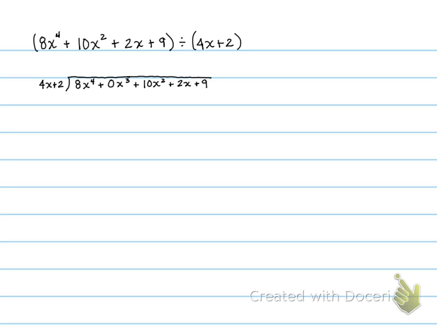So what do I have to multiply 4x by to get 8x to the 4th? Is that 2x squared? Uh-huh. Oh, 2x to the 3rd, actually. Right. So then we'll multiply.